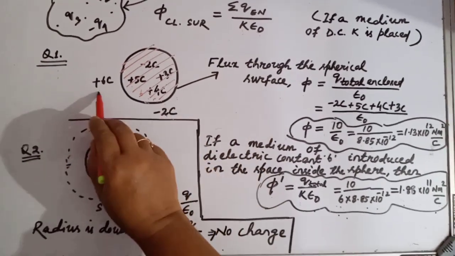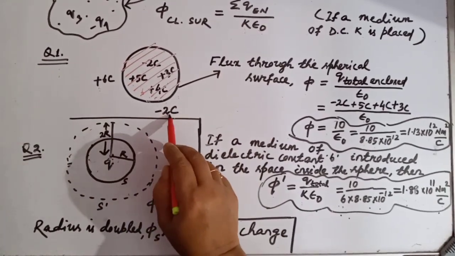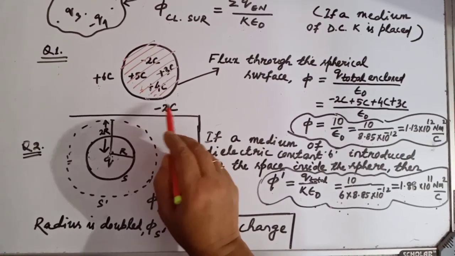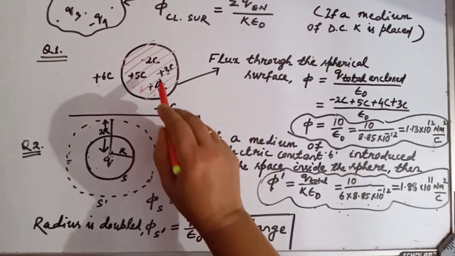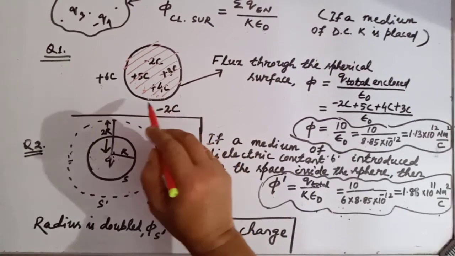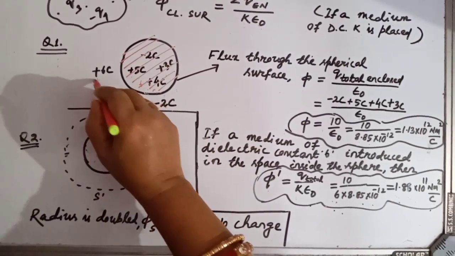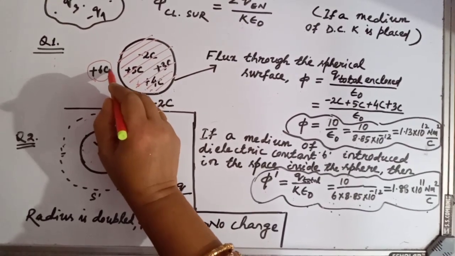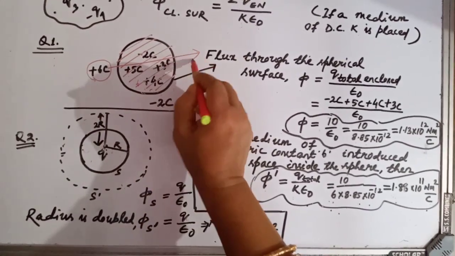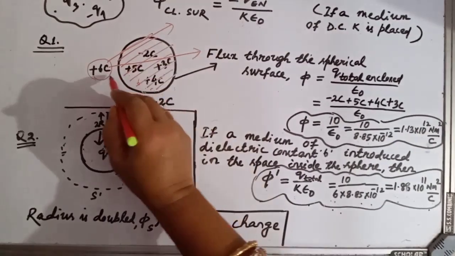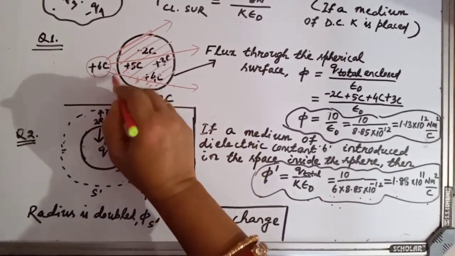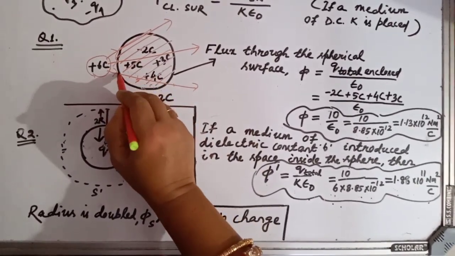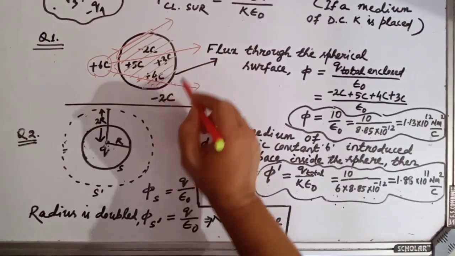These 2 charges, plus 6 coulomb and minus 2 coulomb, have no contribution towards the flux passing through the surface. If we observe the electric field lines due to the plus 6 coulomb charge, they are like this. So what happens here? How much flux is entering the surface, that much flux is leaving the surface.